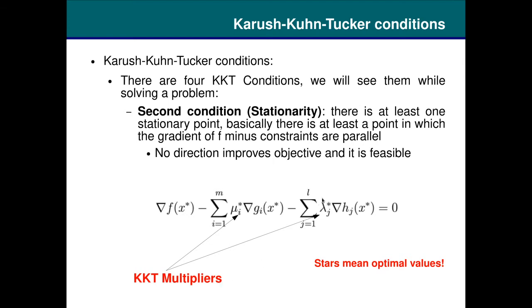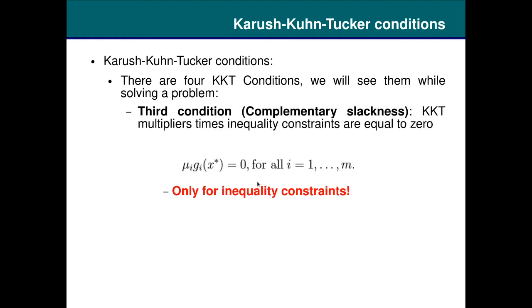The lambdas are working on the gradient vectors of the equality constraints, and the mus are working on top of the inequality constraints. So of course, when I multiply them by my inequality constraints, the result must be 0.